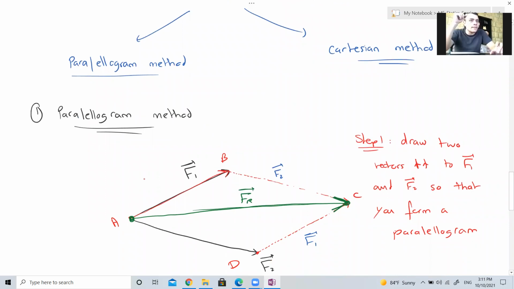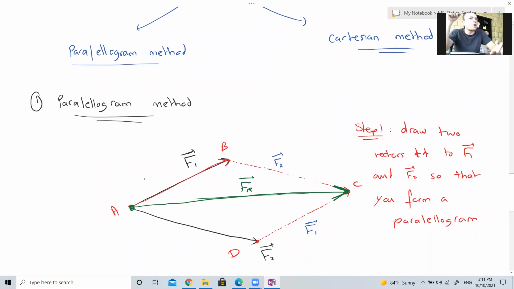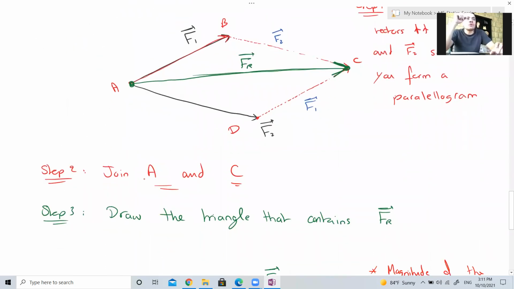Okay. So in conclusion, if you need to add two vectors using the parallelogram method, step 1 is to draw the vectors parallel from each side in order to form a parallelogram. Step 2, you need to join the diagonals with each other, from the meeting point to the opposite point. This is the meeting point between F1 and F2.